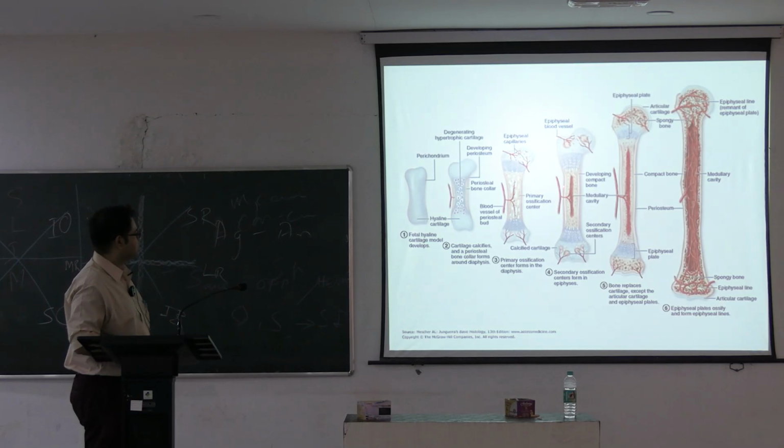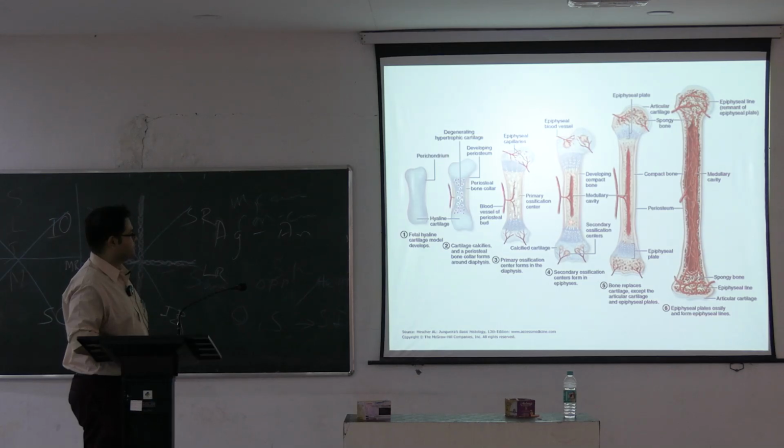Eventually the thickness and the length of these blood vessels increase and it forms the medullary cavity here, and gradually we can see this is the spongy bone. Gradually this spongy bone is compressed to the sides and forms the compact bone at the side that you can see here.